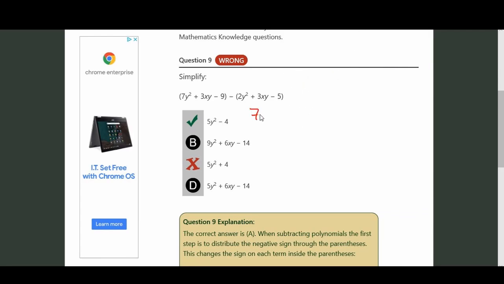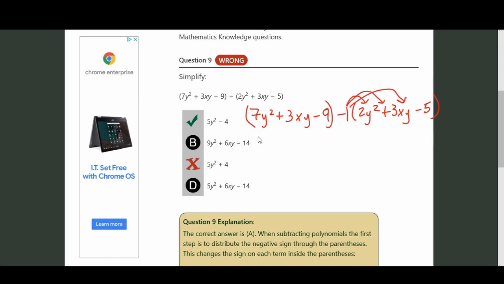We have 7y squared plus 3xy minus 9, that's all in parentheses, minus 2y squared plus 3xy minus 5. The key to doing this problem is to distribute this negative to all these terms. Technically, there's a negative 1 right there, so I'm going to distribute it there, there, and there. That is, I'm going to multiply it by 2y squared, 3xy, and negative 5, and then I'm going to combine like terms.